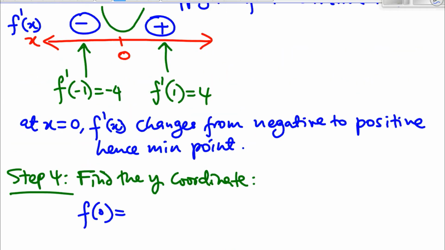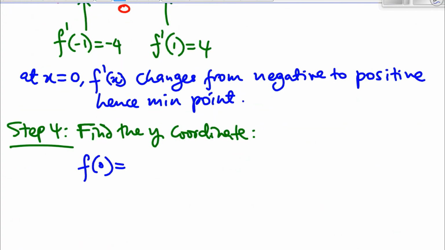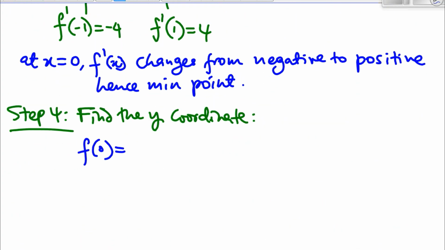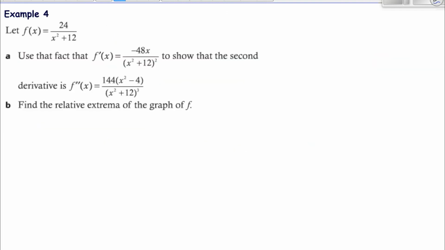If you plug in 0 in the original function, you get 0. Which means that (0, 0) is the minimum point. Okay. Next example.